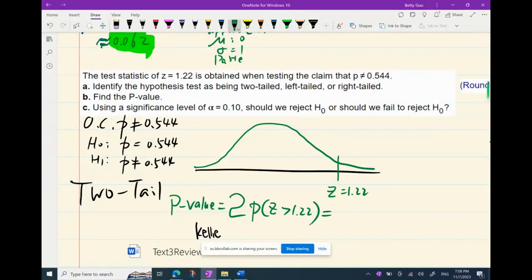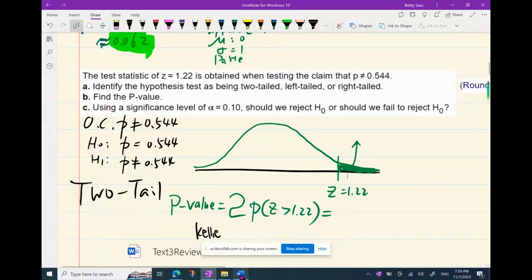The area of this region is only half of the p-value. We are going to find the area of this region and then double it to find the p-value for this test, because it's a two-tailed test.